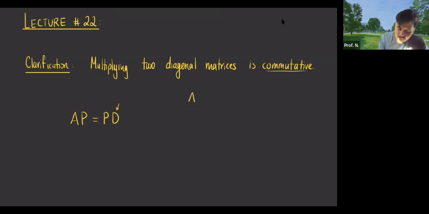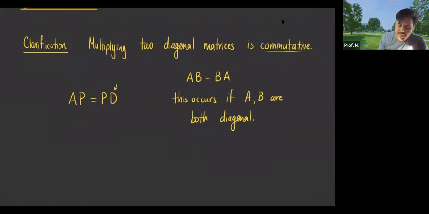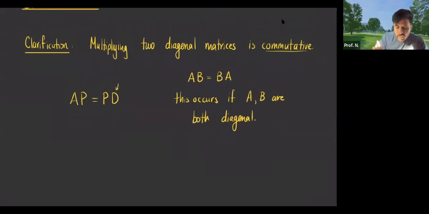So the commutativity aspect: AB equals BA occurs if A and B are diagonal. I think I said in the previous lecture that because you have one diagonal matrix, you're able to commute them.